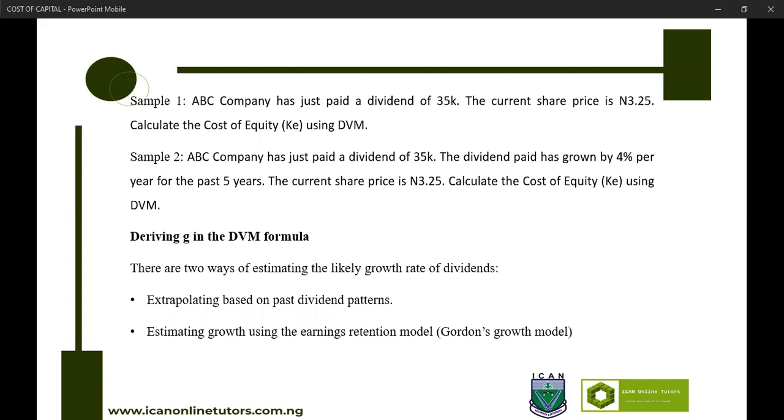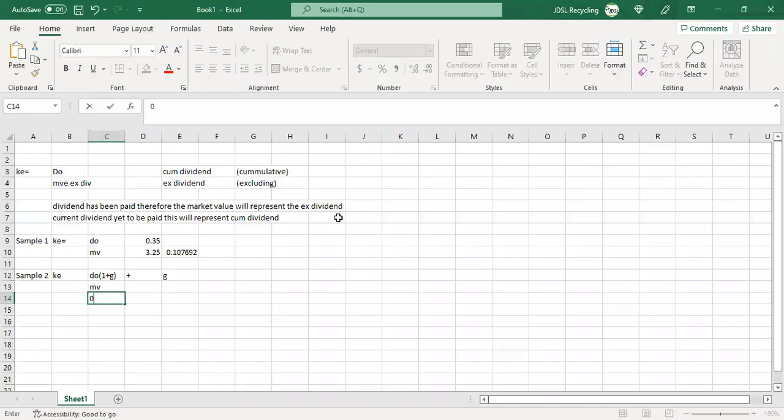The current dividend is 35 kobo, the growth rate is 4%, and the market value is 3.25. So we have 0.35 into brackets 1 plus 0.04, close brackets, divided by 3.25, and this will be plus growth 0.04. 1 plus 0.04 will give us 1.04.